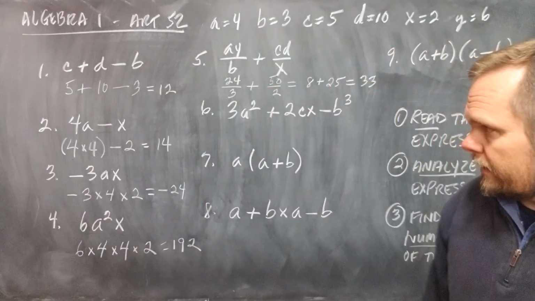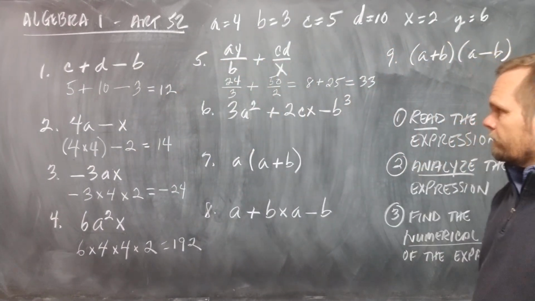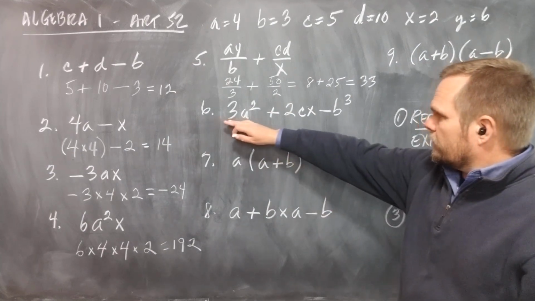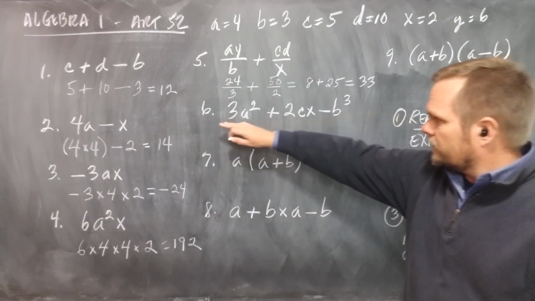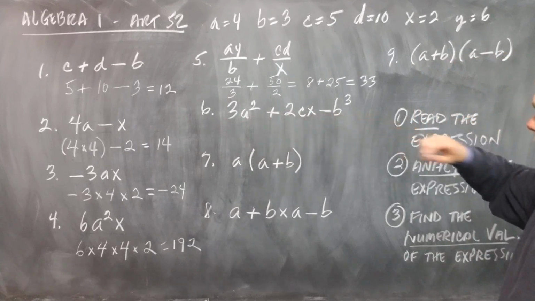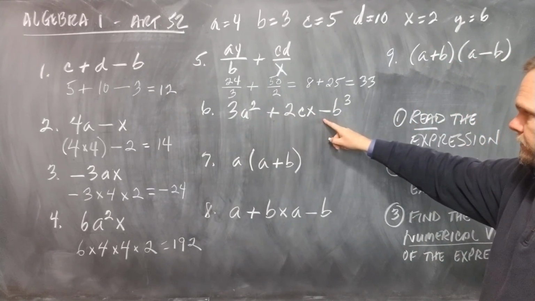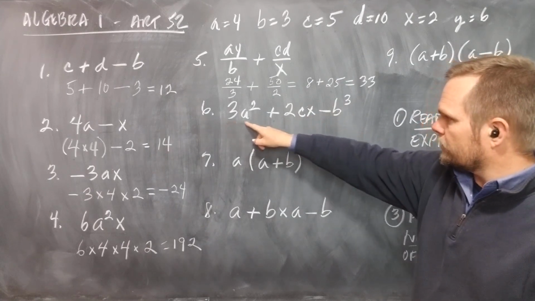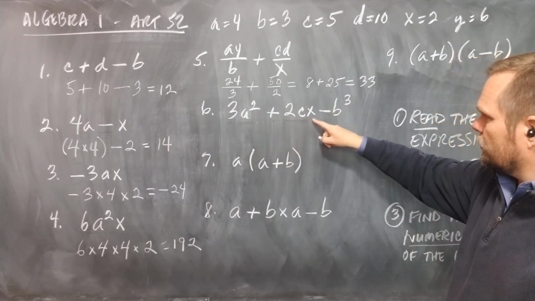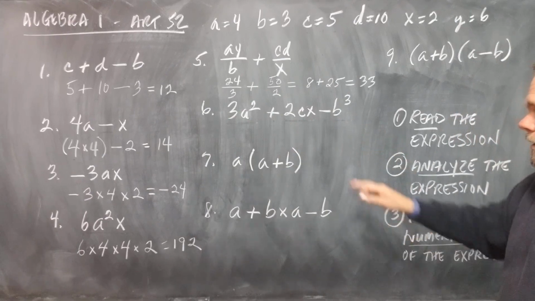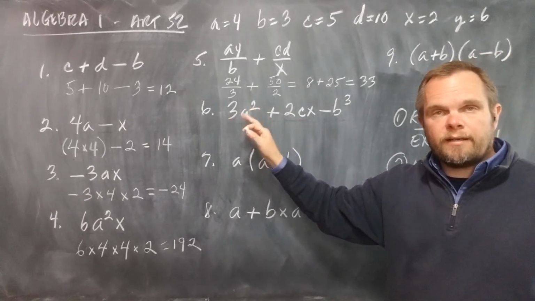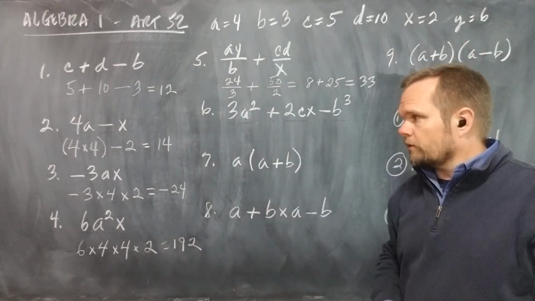On to number 6. If we take a quick look at number 6 and just skim over the expression, we can see that we have a plus sign and a minus sign. So we have three terms, term 1, term 2, and term 3. So this is a trinomial, 3 terms.